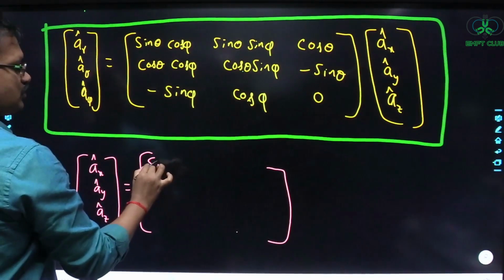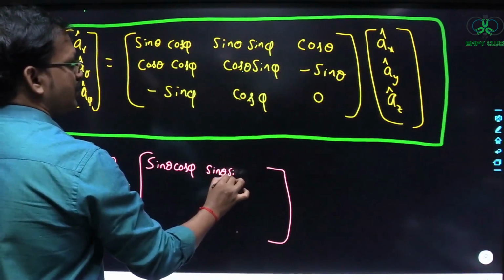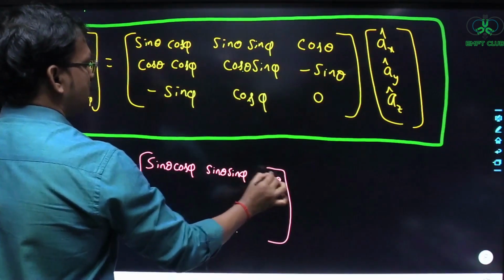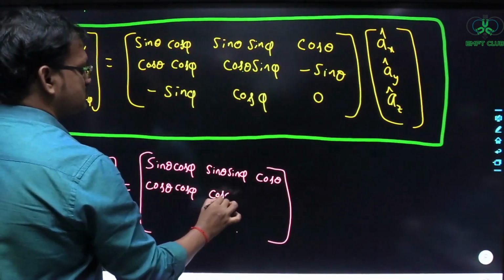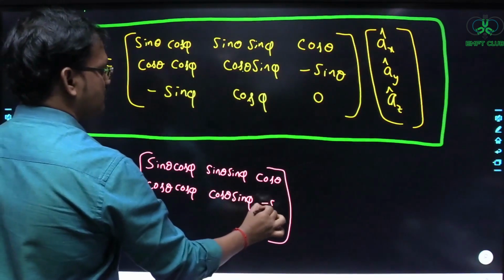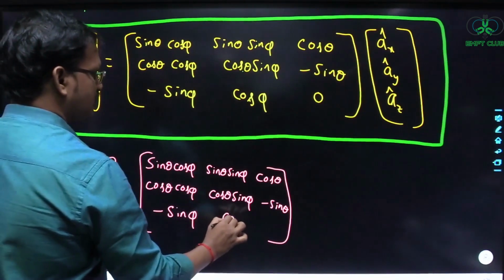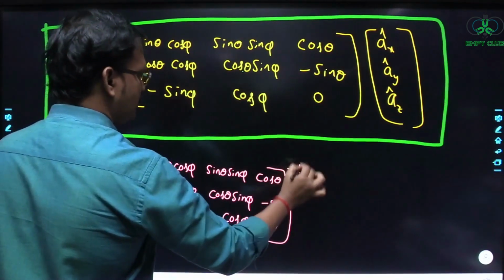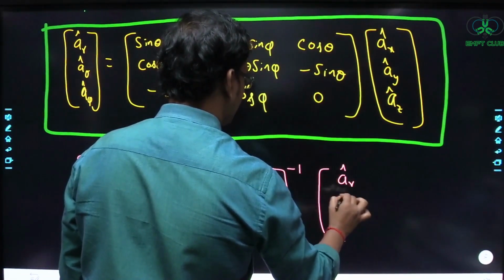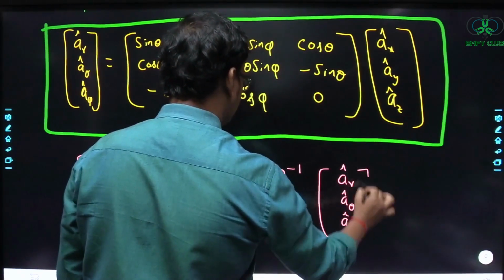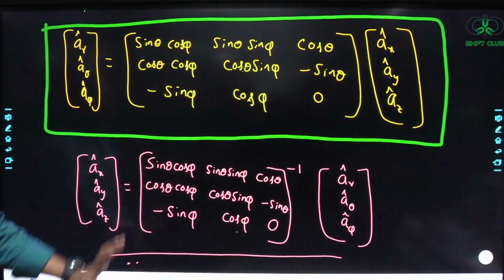So that will become sin theta cos phi, sin theta sin phi, cos theta, and here cos theta cos phi, cos theta sin phi, minus sin theta, and here minus sin phi, cos phi, 0, whole inverse, into a_r cap, a_theta cap and a_phi cap. In this manner we can represent it; if you write the inverse of this one, then you are going to get this.